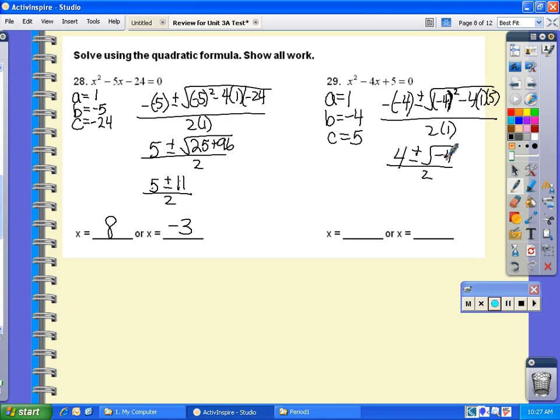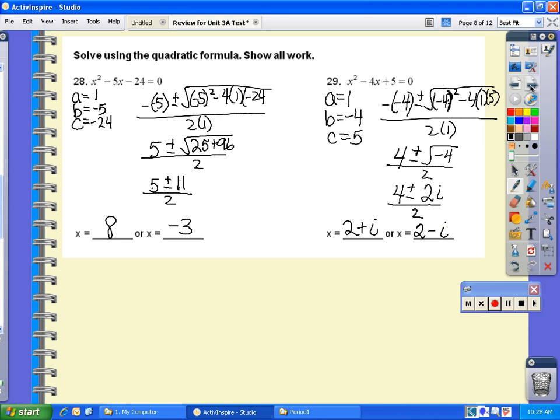So the way I simplify that negative radical, as we talked about earlier, is to take the square root of 4, which is 2, and the negative part becomes an i, all over 2. Now if you want to simplify this even further, 4 divided by 2 is 2. 2 divided by 2 is 1, so 2 plus i. And same thing, but now it's going to be 2 minus i.